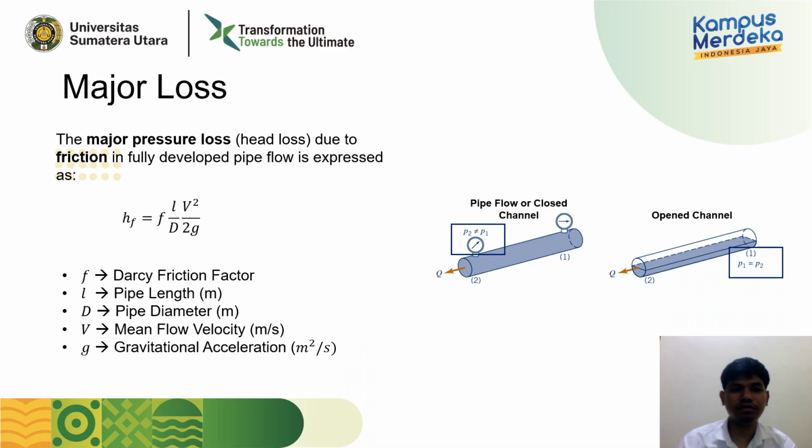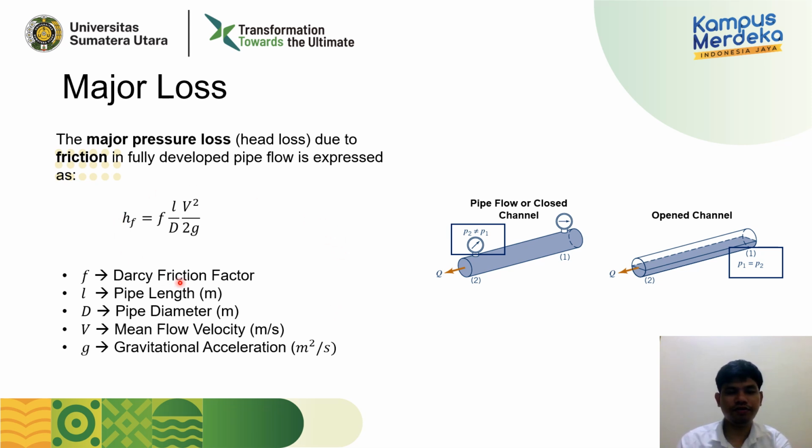So let's talk about major losses. What are major losses in pipe? They are losses that happen because of friction in fully developed pipe flow, and they're expressed by this equation. We call it HF, which is the major loss.